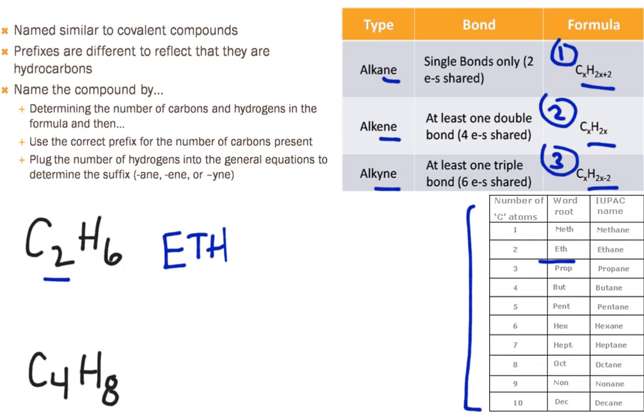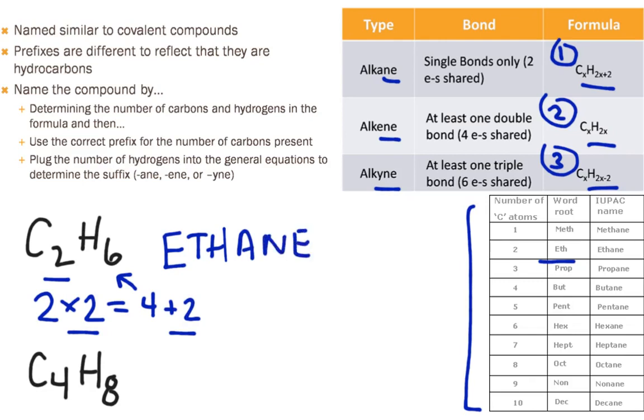All of the formulas feature taking the number of carbons and multiplying it by 2. In this case, 2 times 2 gives us 4, but the number of hydrogens we have is 6. To get from 4 to 6, we have to add 2: 2 times 2 plus 2. The ending of this is ANE, because the formula that we used is the number of carbons times 2 plus 2.